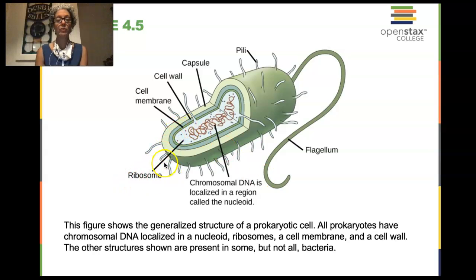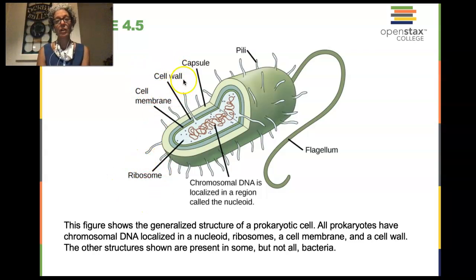They do have ribosomes that are used in the processing and reading of RNA to make proteins. And that is your generic prokaryotic cell. Not all of them have pili, not all of them have flagella, not all of them have a capsule, but they do all have chromosomal DNA. What's not shown here is that they do also all have RNA. They all have ribosomes.